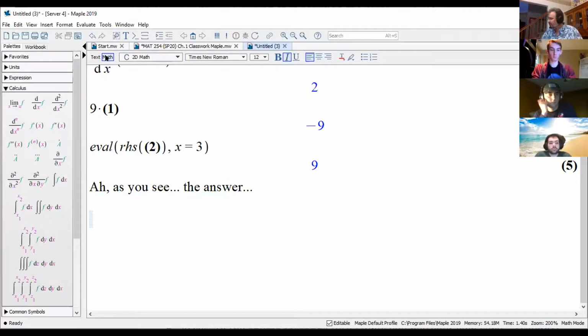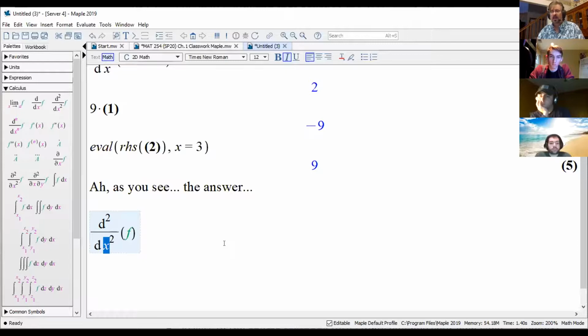So for example, the first one said, take the second derivative. This is 3a. It says, take the second derivative with respect to t of y of t equals all this stuff. So we can do that. We can take the second derivative of all that stuff. And the easiest way, the simplest way, is to just use the palette over here and to type stuff in.